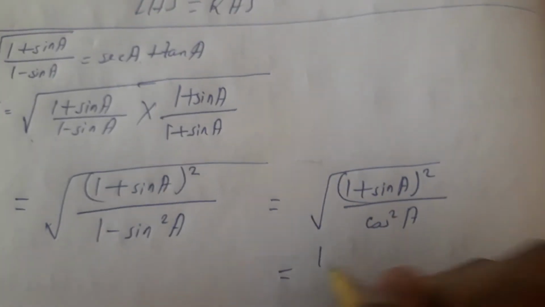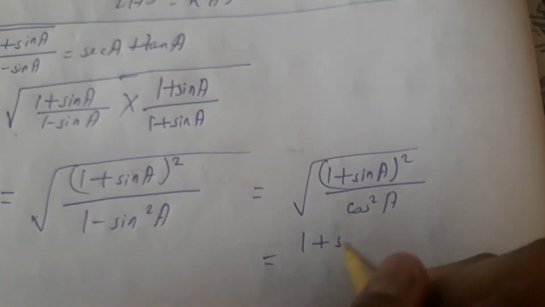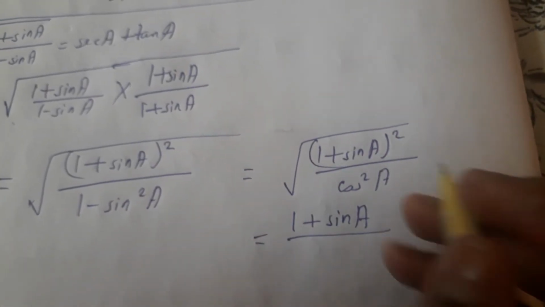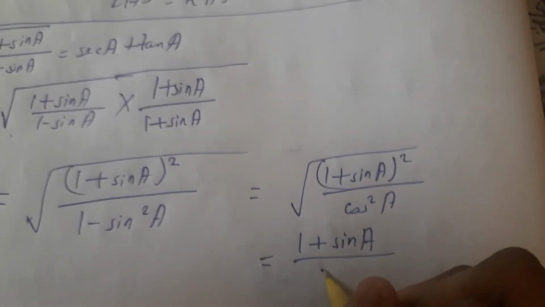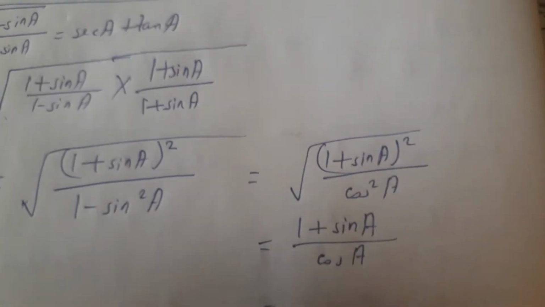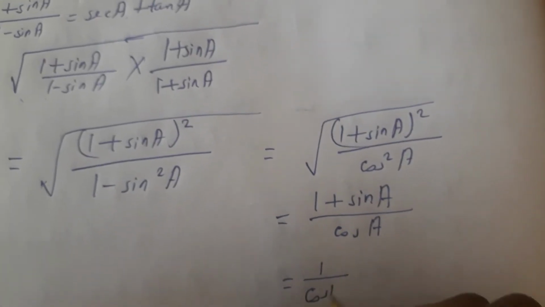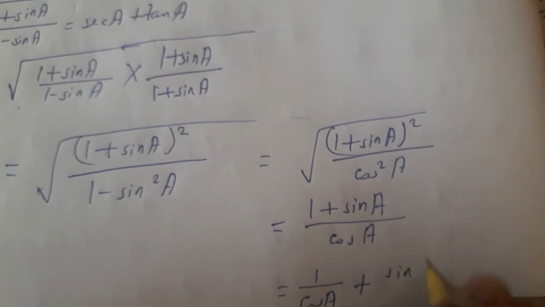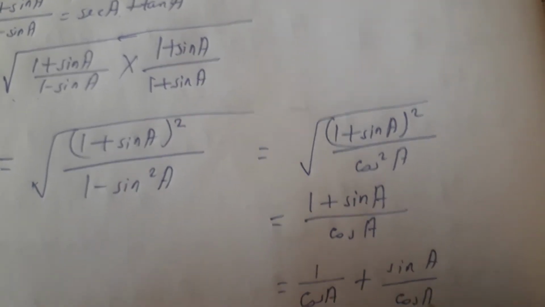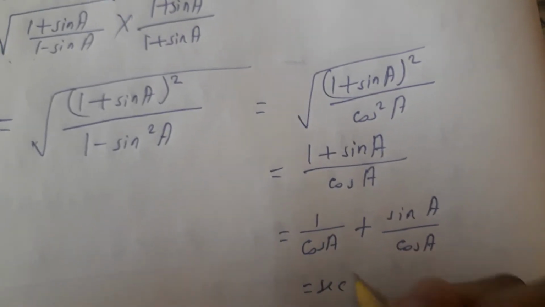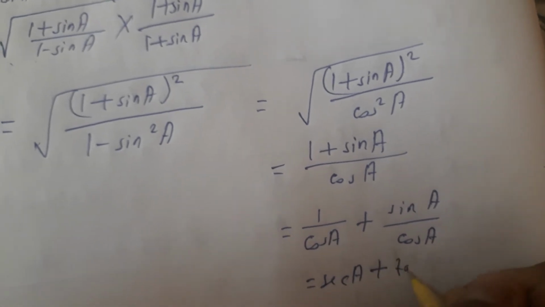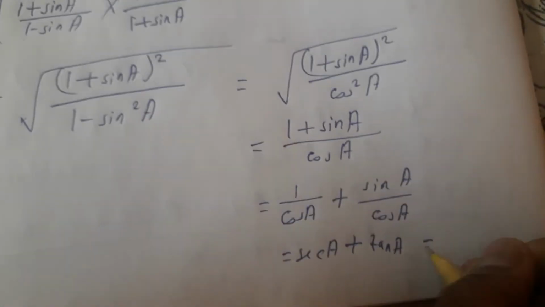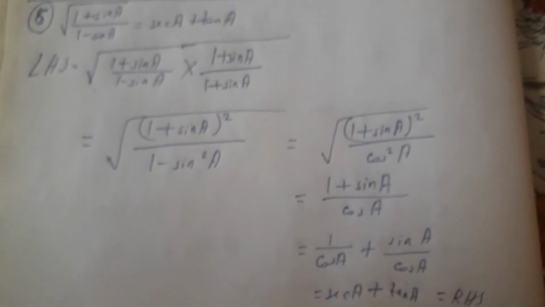Now see here, 1 plus sin A whole square is given, so the root is cancelled out, and cos square A means here will be cos A. Now see, 1 by cos A plus sin A by cos A, and the answer will be sec A plus tan A. This is your RHS.